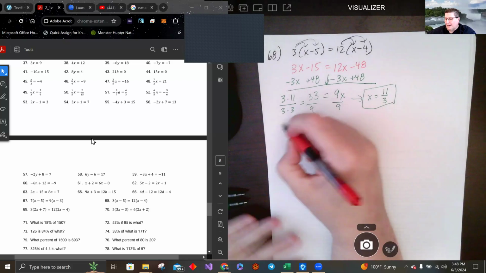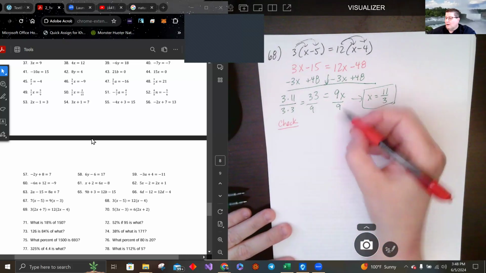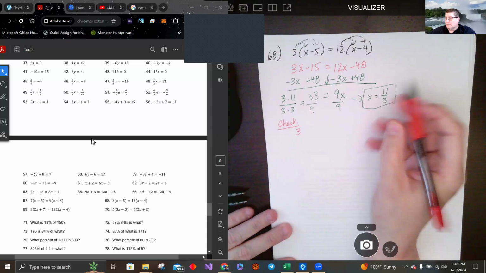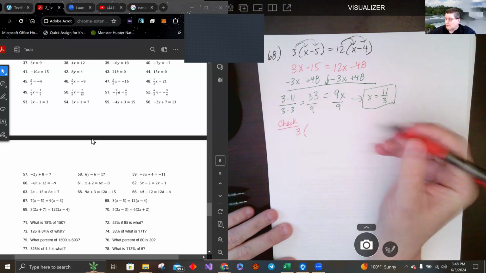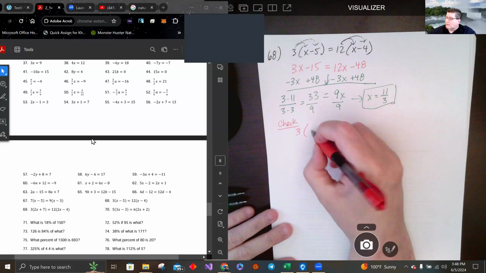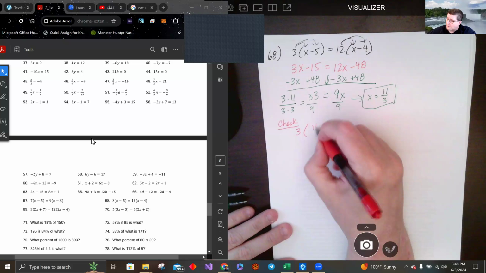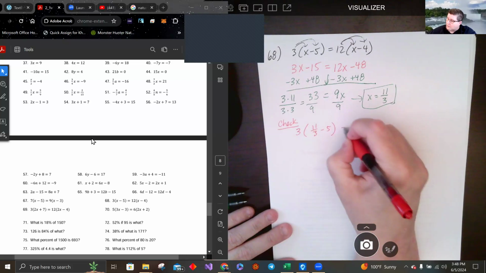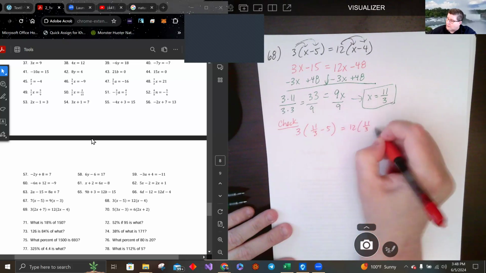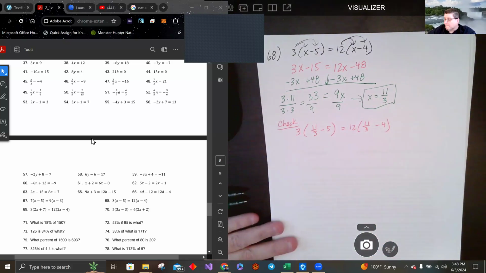Is the check going to be fun? Not really, but it will work. That's what we're checking. Now we can get a common denominator.